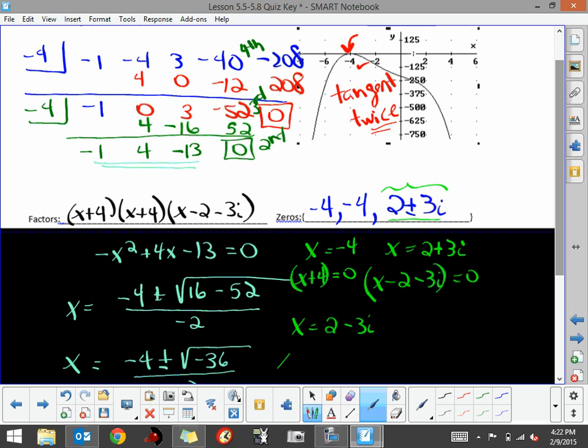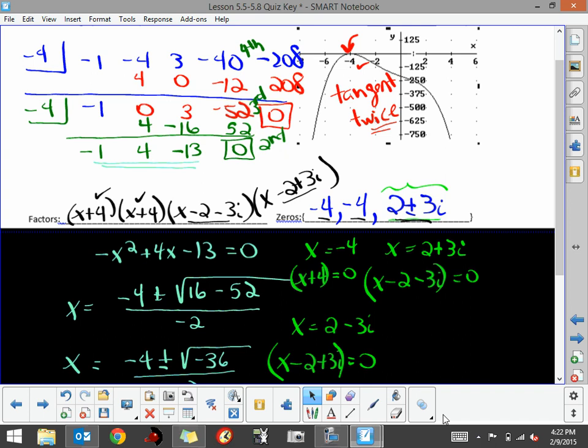If we set that equal to 0, it's going to be x minus 2 plus 3i equals 0. There's your final factor. I've run a little bit out of room, so x minus 2 plus 3i. These are the related zeros to these factors, and the -4, there's your related zeros and the factors.